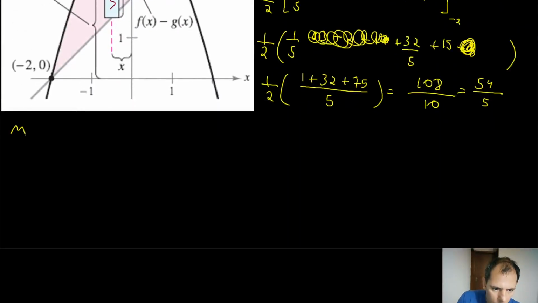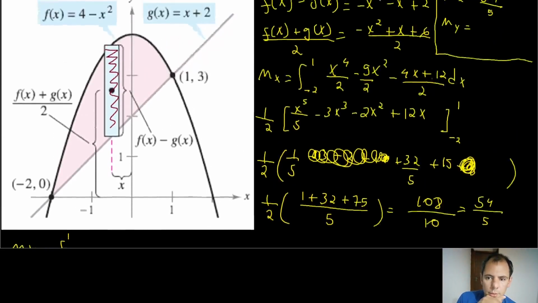Now we have to calculate my. Now my is going to be equal to the integral from -2 to 1 of f of x minus g of x dx.